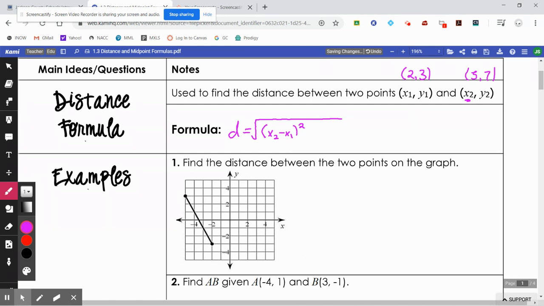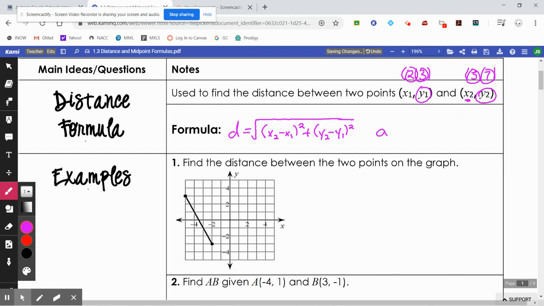In this case, they would be the 5 and the 2. Plus (y2 minus y1) squared. And we again see what the y2 is. The y2 is your second y, and the y1 will be your first y in the 2 points.